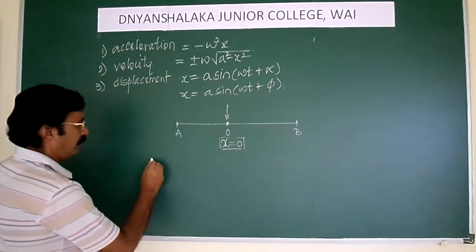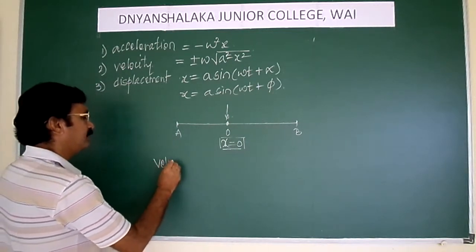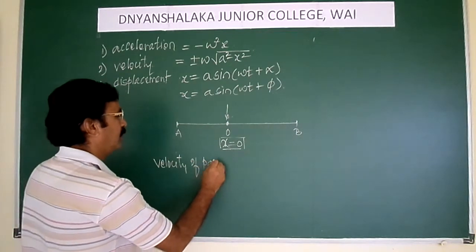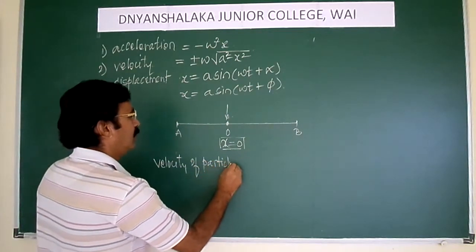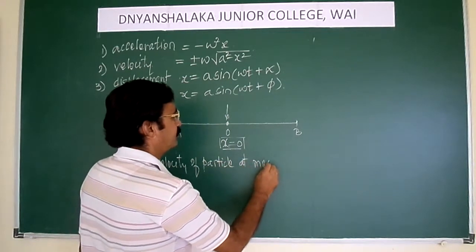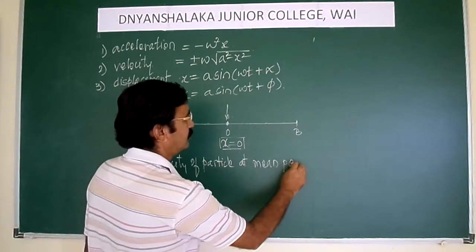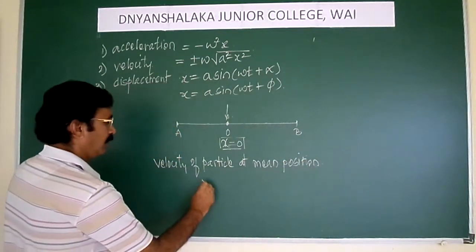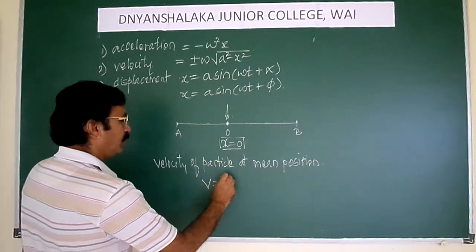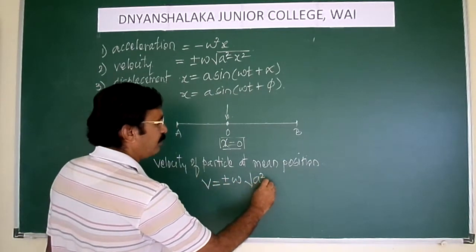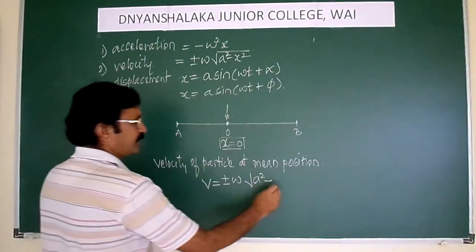then the velocity of the particle at mean position, V will be equal to plus or minus omega under root a square minus the value of x, which is 0.